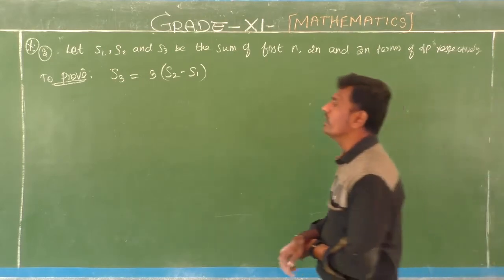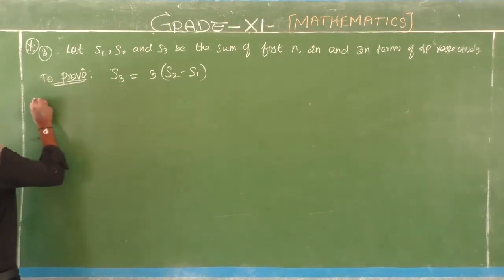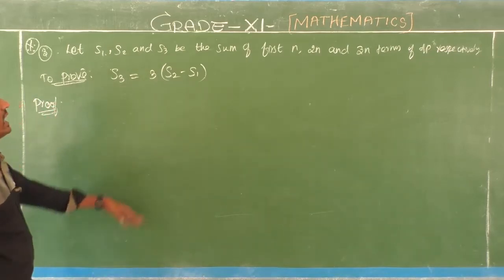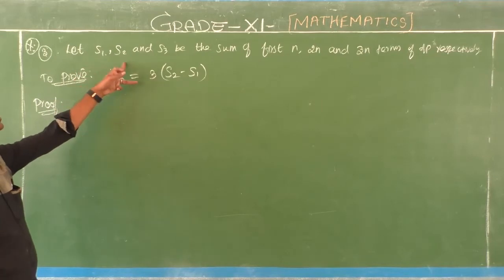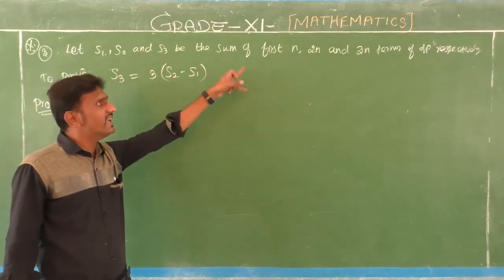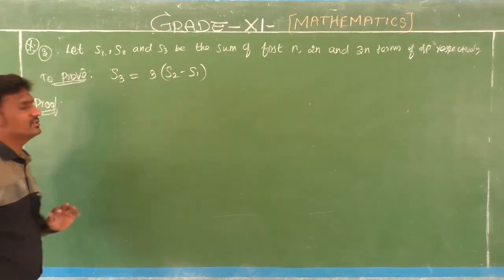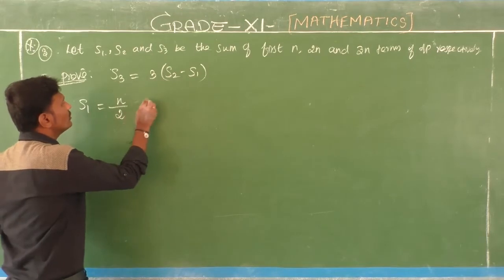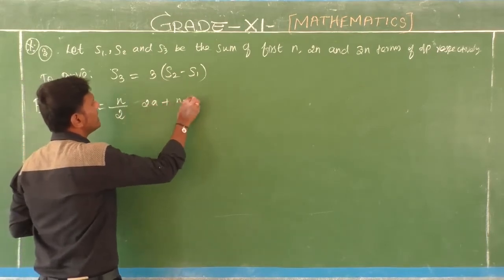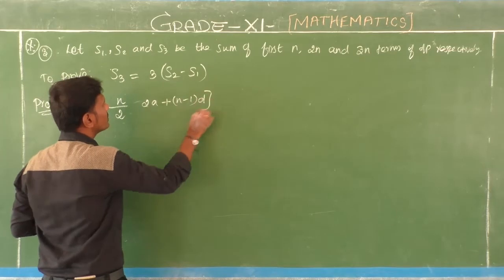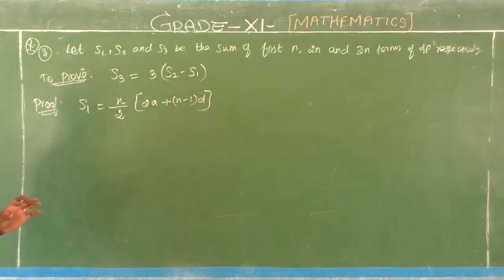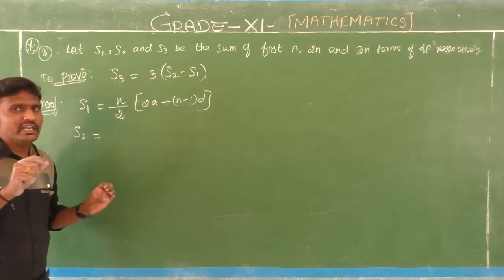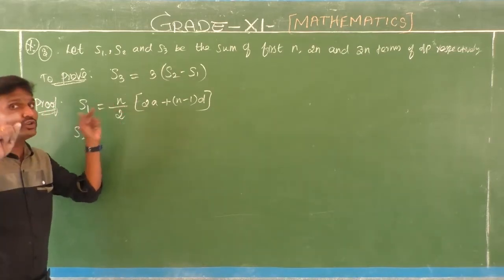Yes, students. Now we are going to take the formula Sn. Already they gave S1, S2 and S3 as the sum of the first n, 2n and 3n terms. So I am taking S1 which is equal to n by 2 into 2a plus n minus 1 into d. And S2 is the sum of the first 2n terms, so here we substitute n equal to 2n.